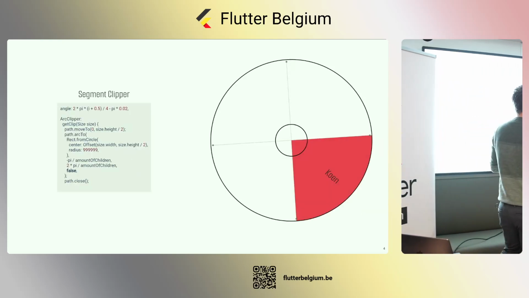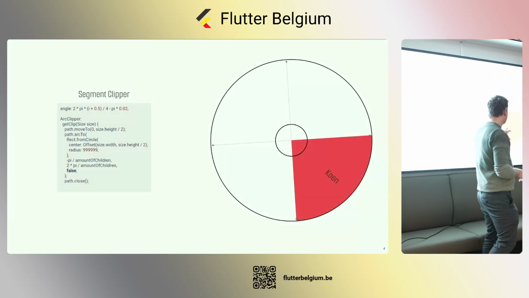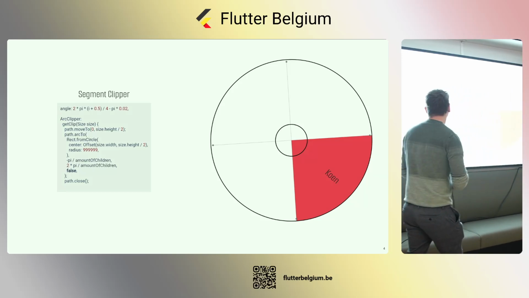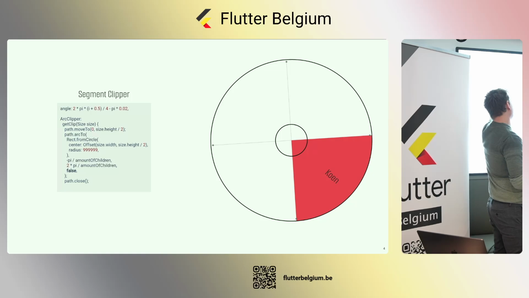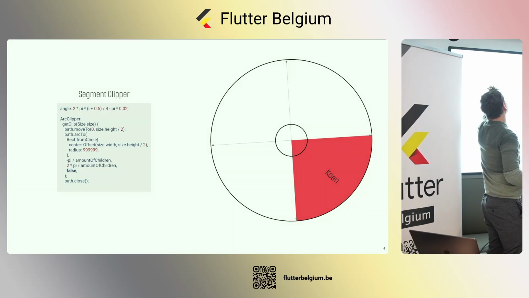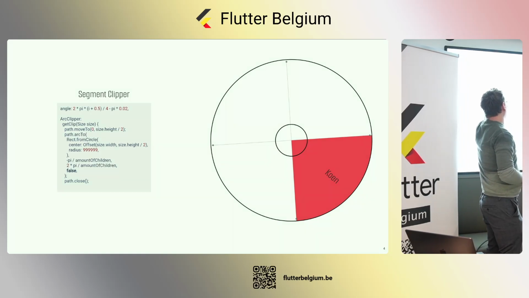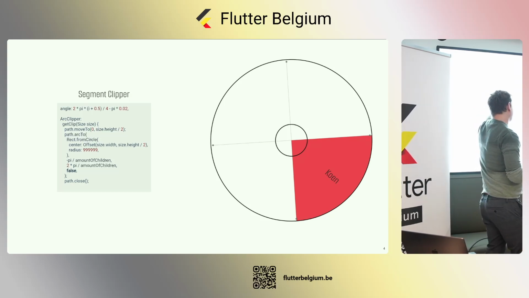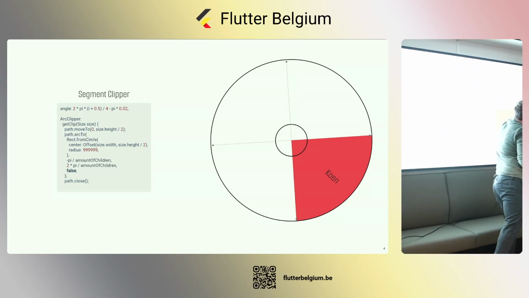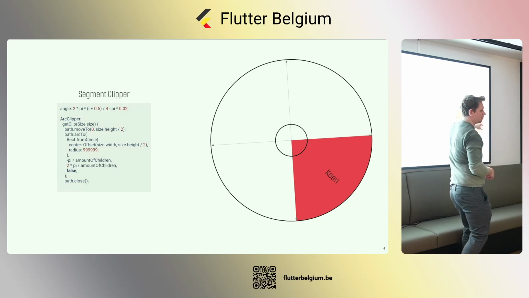The next step is a little bit more complicated. It's the actual segment itself. I've used a custom clipper for this, so that the rotation is kind of the same. You just do 2 pi divided by how many children you have, in this case 4. I do it minus a little bit, so it's more tilted for the arrow later on.